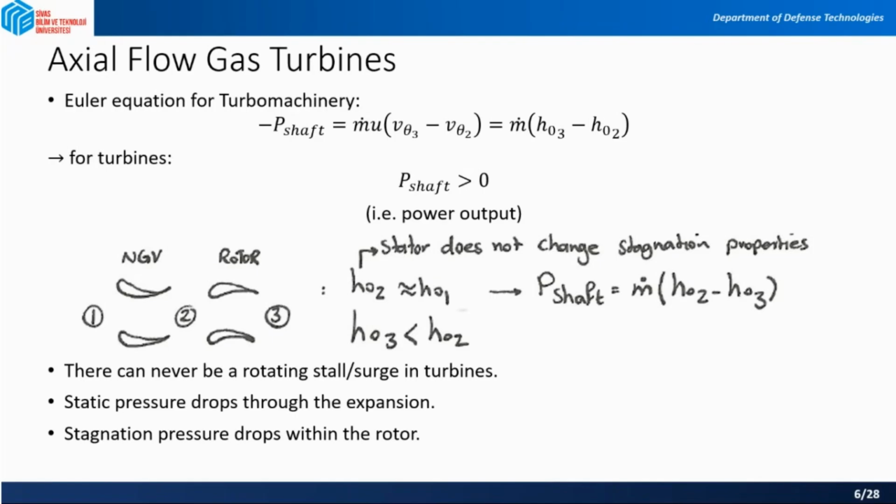And you see that just by expanding the gas, the rotor blades are dropping the total enthalpy, so your enthalpy at point 3 is less than your enthalpy at point 2. There are some notes, like we said there can never be a rotating stall or surge in turbines, and we said that the static pressure drops through the expansion and the stagnation pressure drops within the rotor.